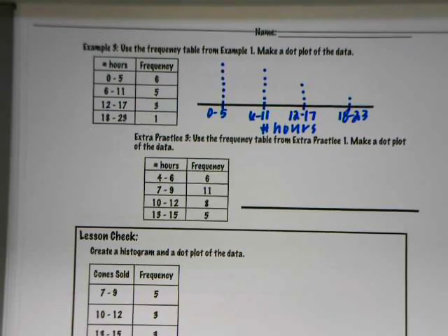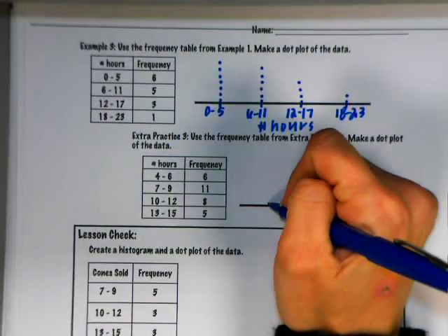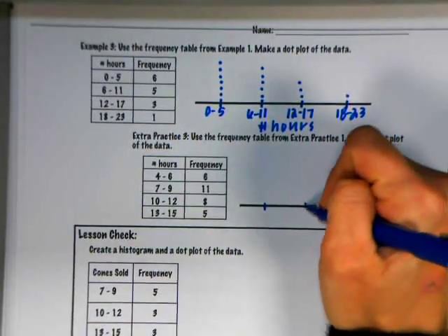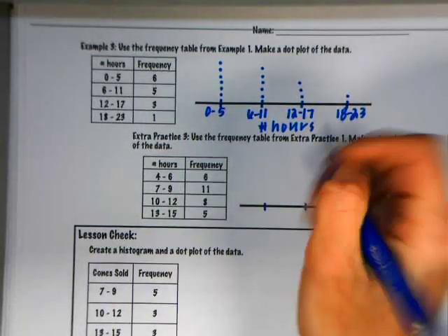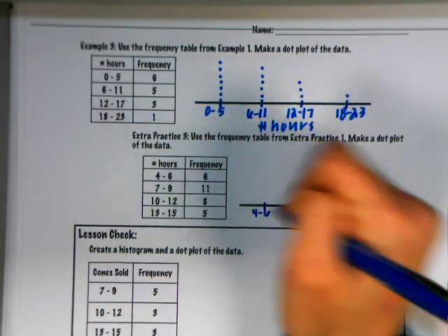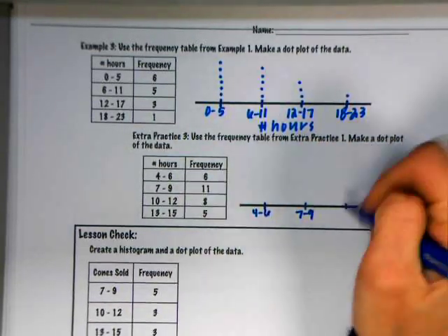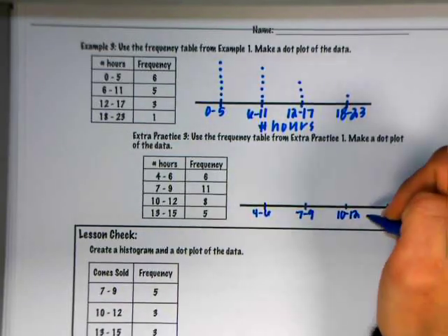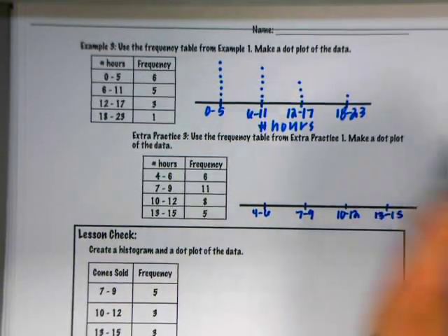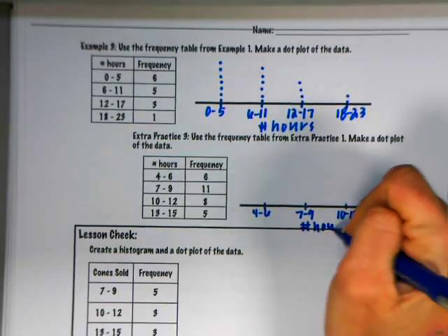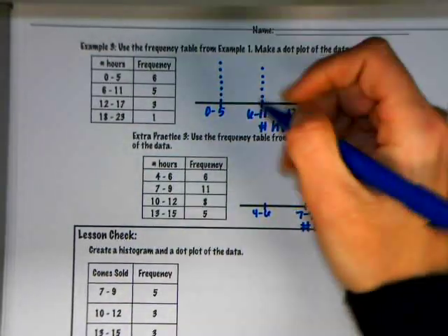You guys done? Yeah? Okay. So you have 4 to 6, 7 to 9, 10 to 12, 13 to 15. Okay, this one has 11, it's a lot.